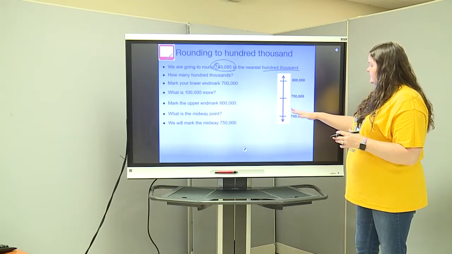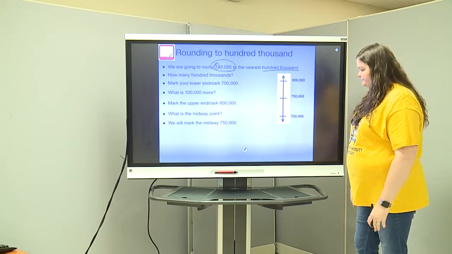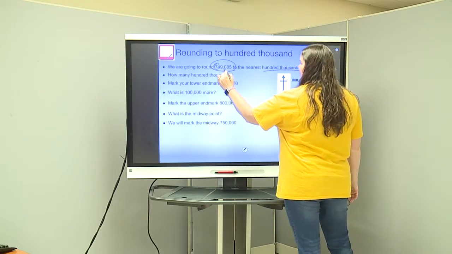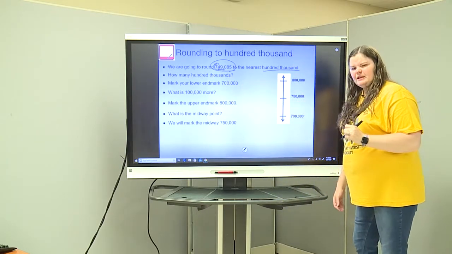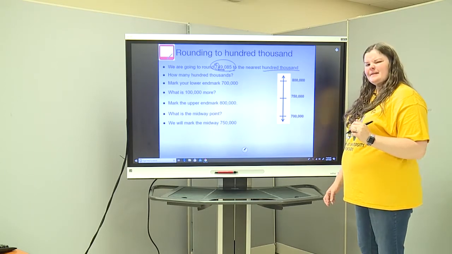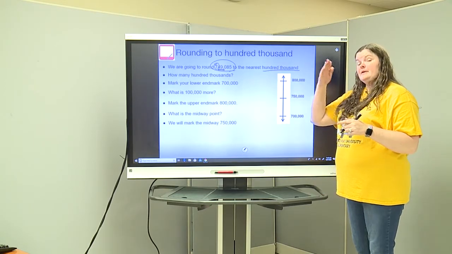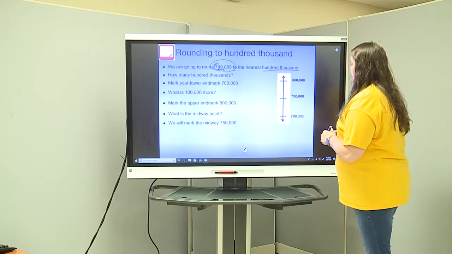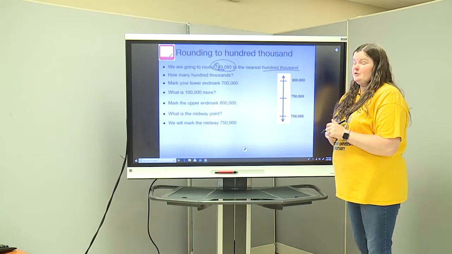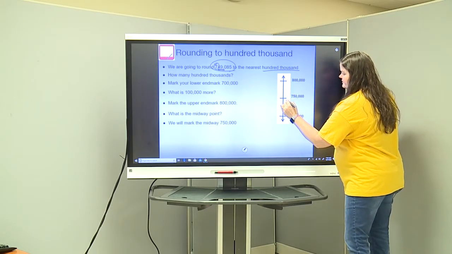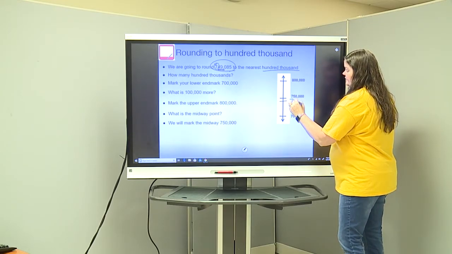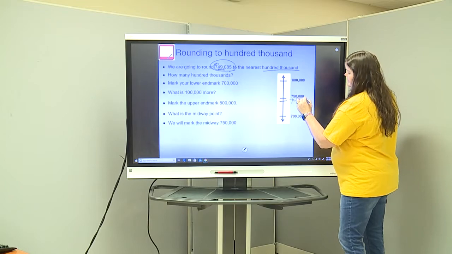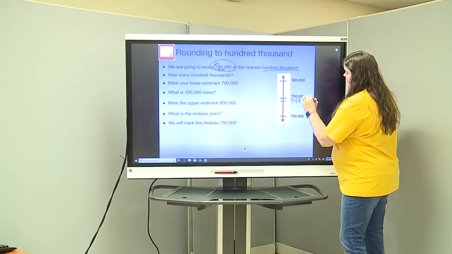So I know that it's definitely above 700,000. But that 49 right here, is that going to go above the 50 or below the 50? So let's think about that number 49. It's actually right below. So just right below this line, my midpoint, I'm going to come here, and it's 749,085.